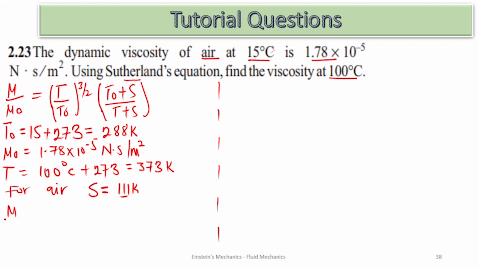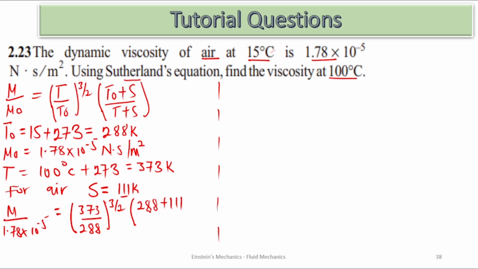So here we are looking for our mu on mu naught, which is 1.78 times 10 to the power negative 5, which is equal to, we have our T, from this our T is 373 on T naught, which is 288, to the power 3 on 2, multiplying T naught, which is 288, plus the constant.